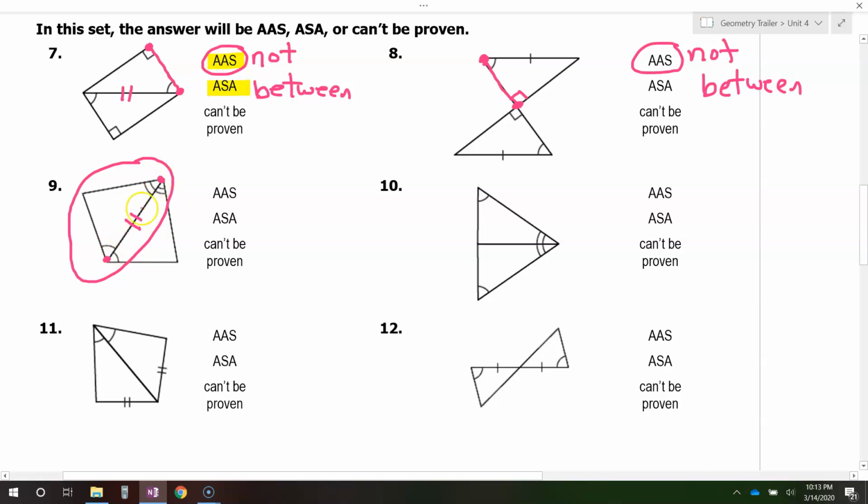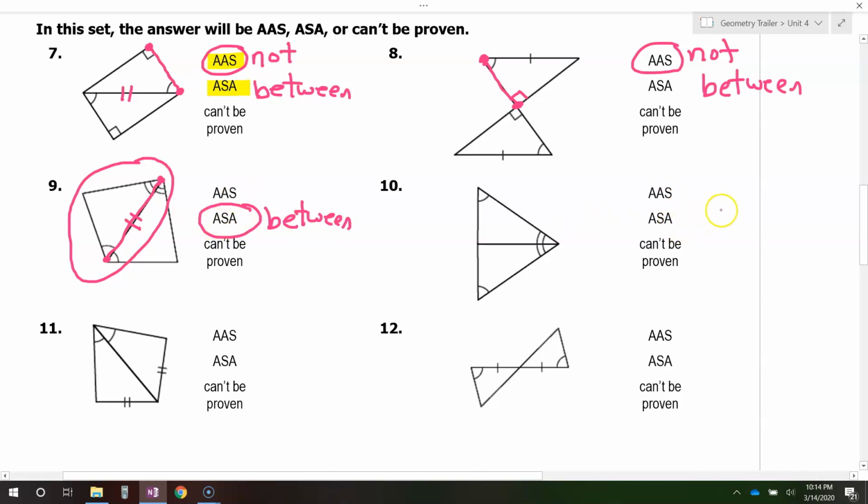If I connect these dots, that reveals which side is between those angles. And that is the side that is marked. Okay, so when the side is between the two angles, that's going to be this one. All right, we choose this one for between. All right, the S is between the two A's.